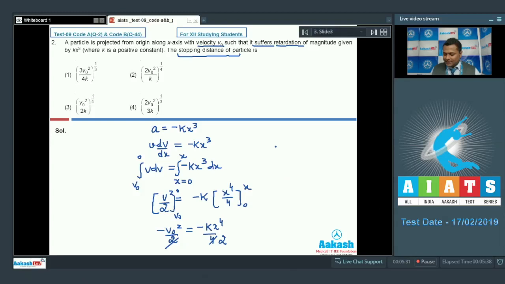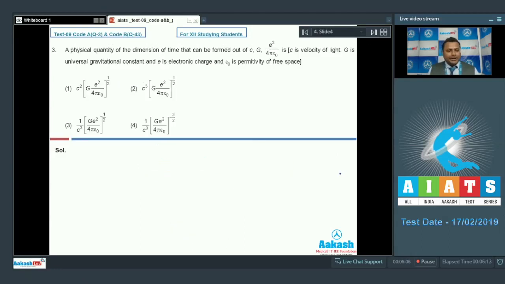And if we solve for x, we will get x equals twice v0 squared divided by k, whole to the power 1 by 4. So this is our final expression, and if we search for the option, we will find that option number 2 is absolutely correct. Now let us proceed to question number 3.